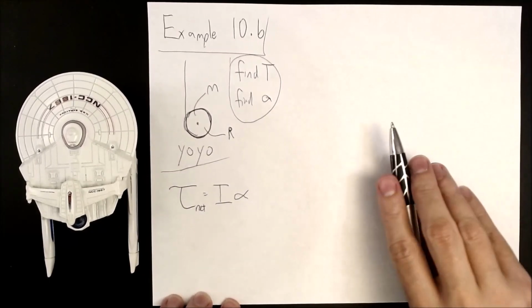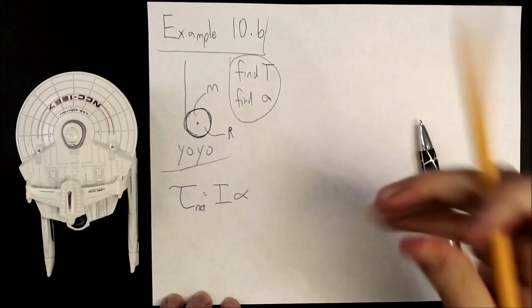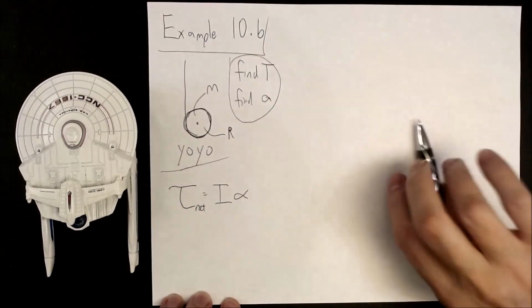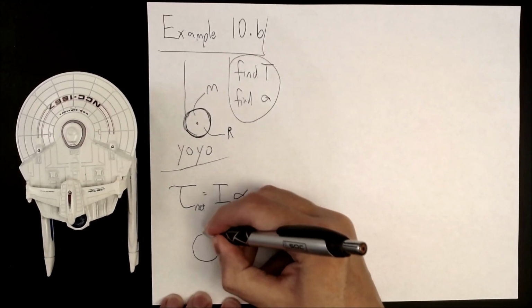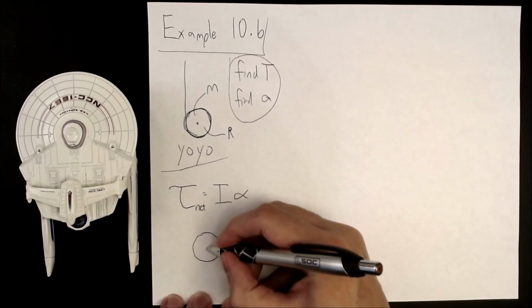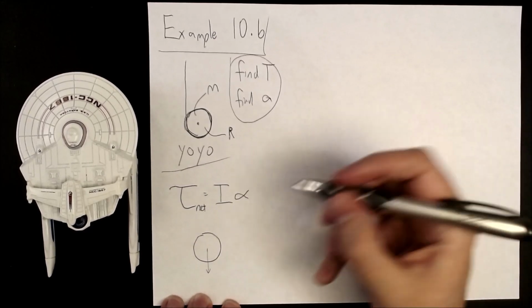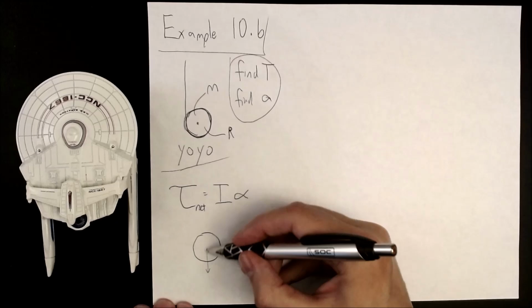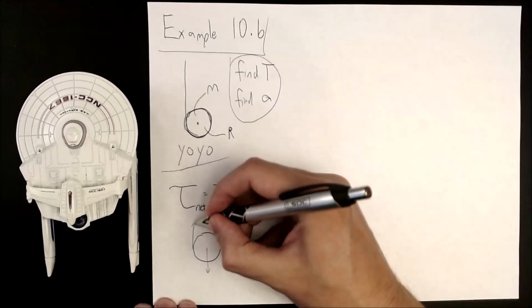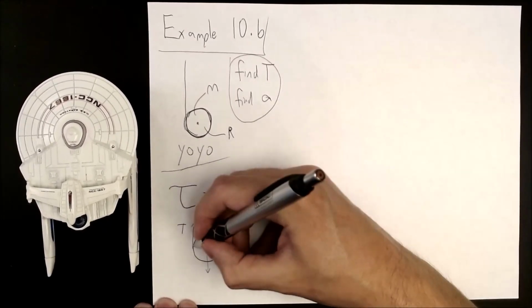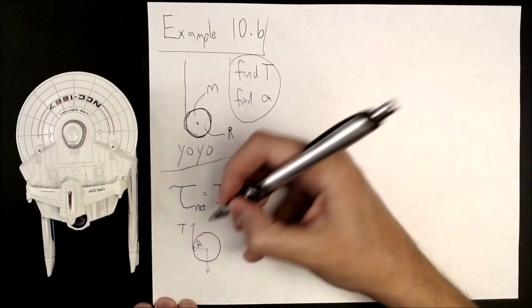Well, what are the torques acting on this? Sure looks like there's just one thing. I'll draw the diagram. Here is the yo-yo. The force of gravity does not apply a torque because the radius there is 0, but that tension sure does apply a torque because there is a radius there.